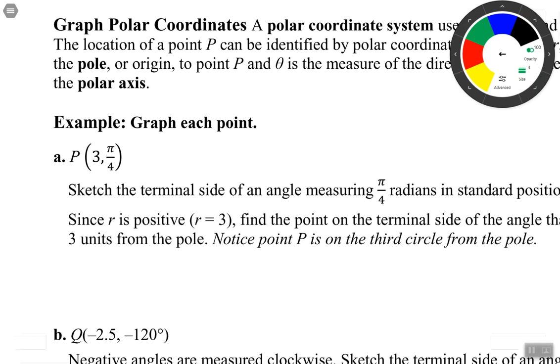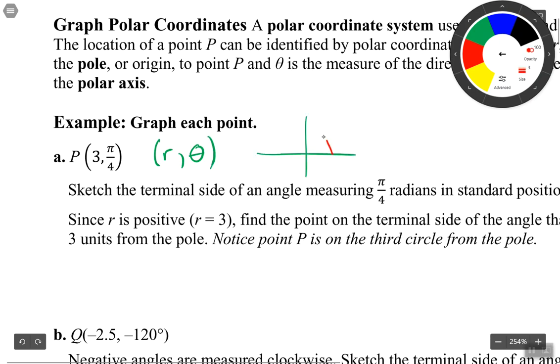So the whole point is this is in terms of radius, angle. So it's going to tell you on a graph, how far am I going to go up for my angle, and then how far am I going to go out for my radius. That's how we're going to get points now.